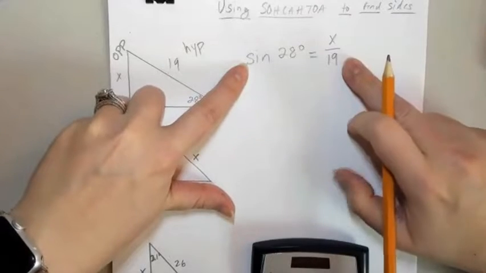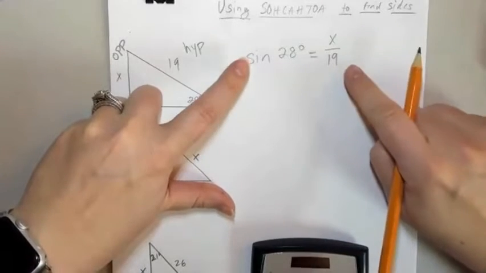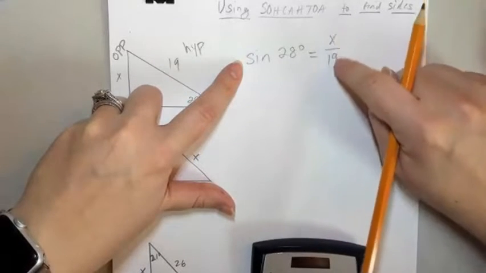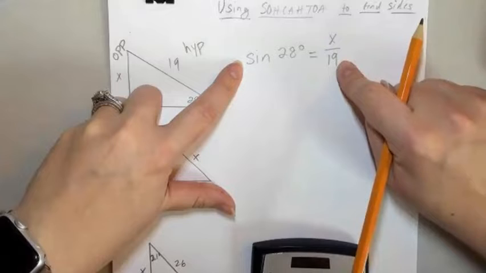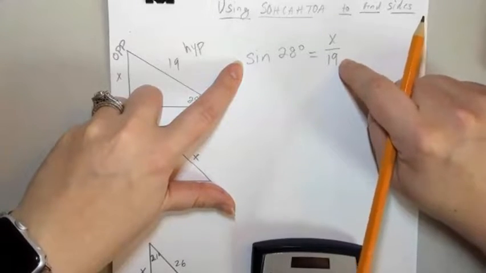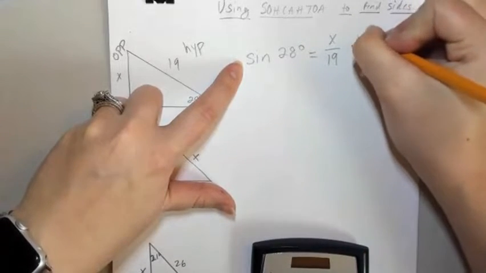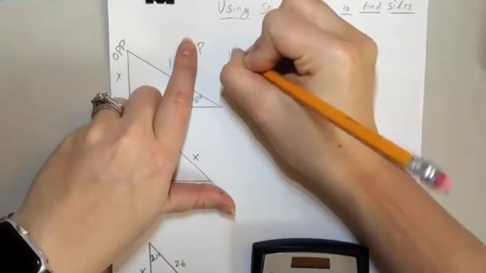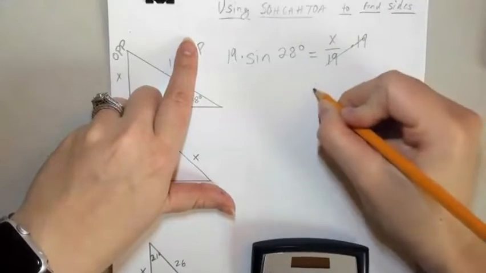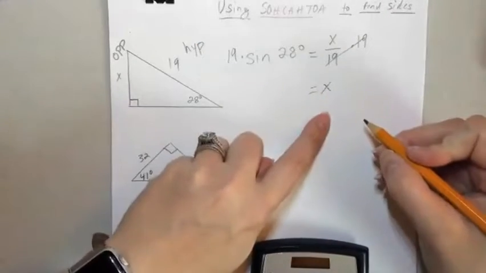And that's the equation we're going to be able to solve. Now, right now it's set up as x divided by 19. We can cancel out that division by multiplying. That would cancel it out on this side, which would leave x by itself.